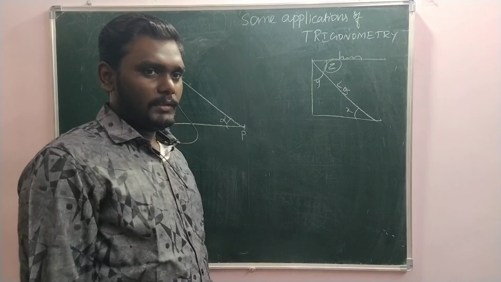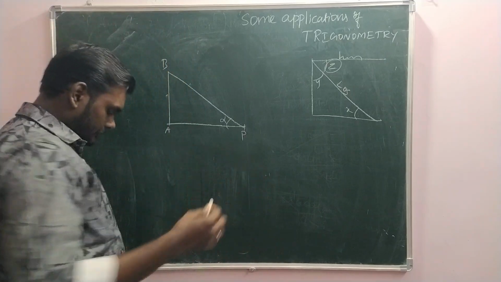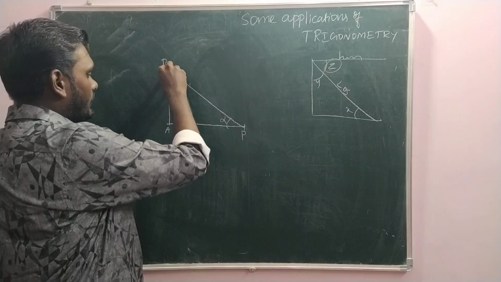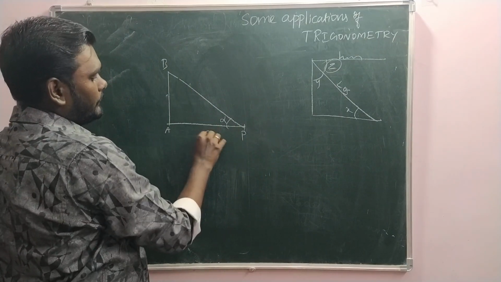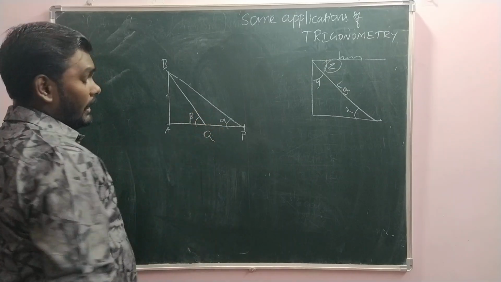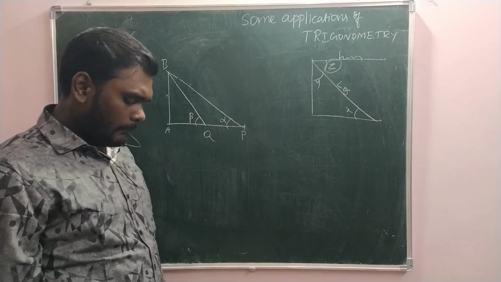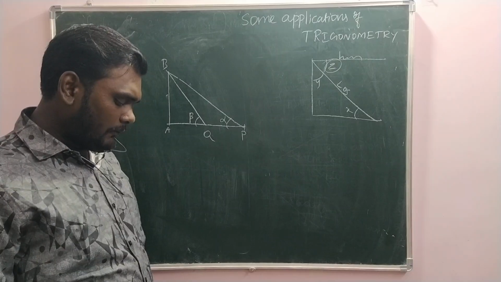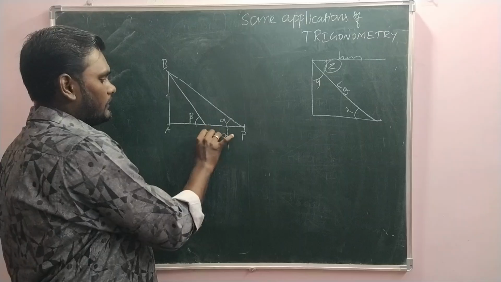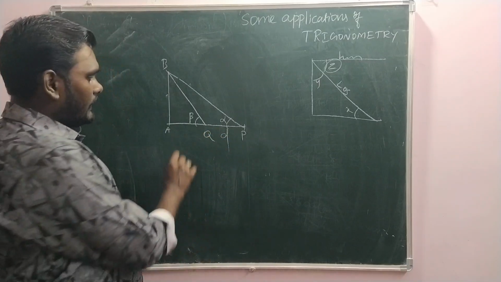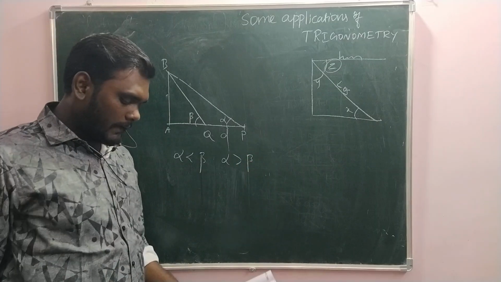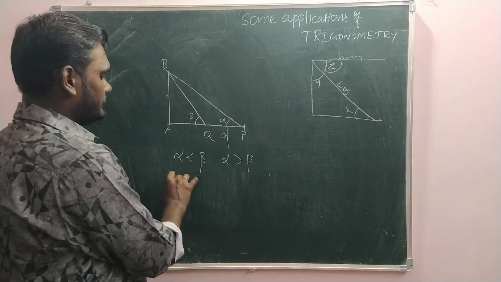Towards the foot of the tower means the person is walking nearer. Let that point be Q. Now the angle of elevation is beta. She walked distance d. Now the options are whether alpha is less than beta, alpha is greater than beta, alpha is equal to beta, or none of these.